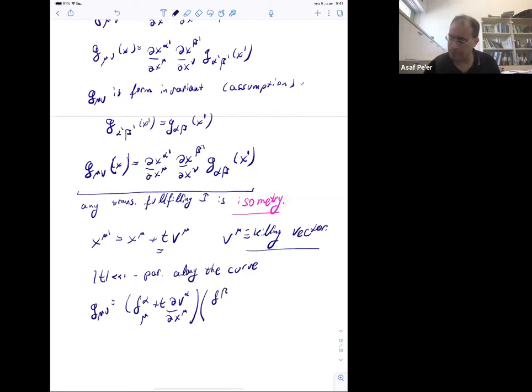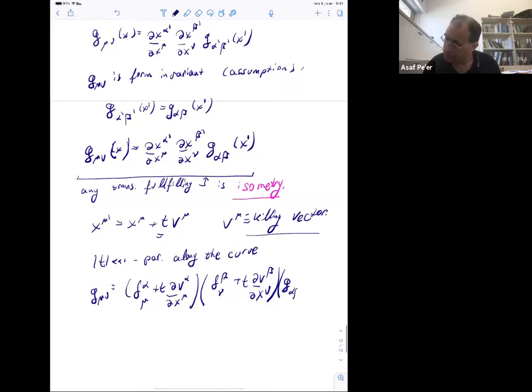So delta beta nu plus t dv beta over dx nu. And for the third, we have g alpha beta at x prime, which is just g alpha beta plus dg alpha beta over dx kappa, v kappa, times t.